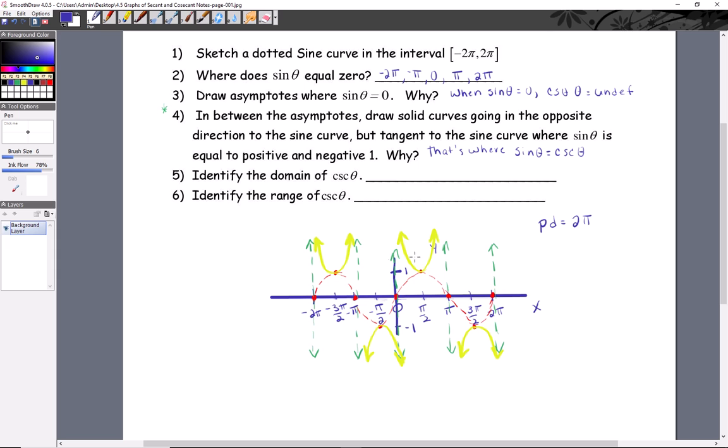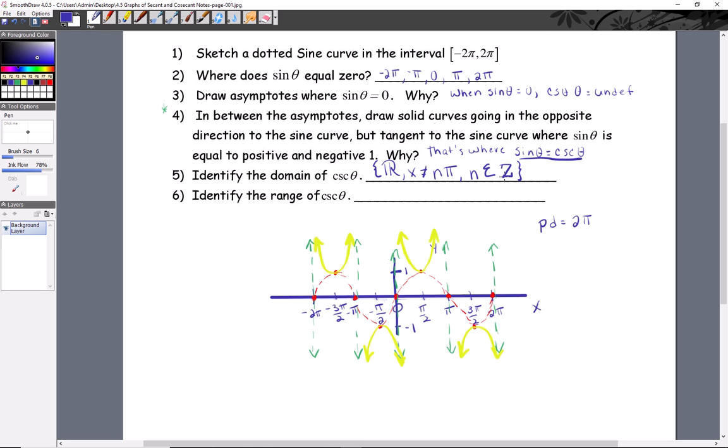So here, here, here, here are where sine theta and cosecant theta are equal to each other. So then the domain, that's going to be tricky, and we're only responsible for the parent function. It's going to be all real numbers, but x may not equal n times pi, where n is an element of the set of integers.